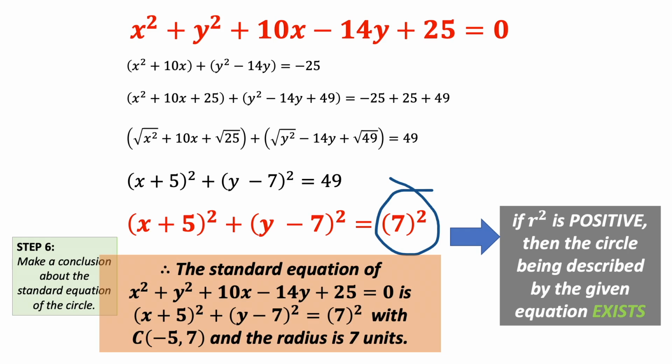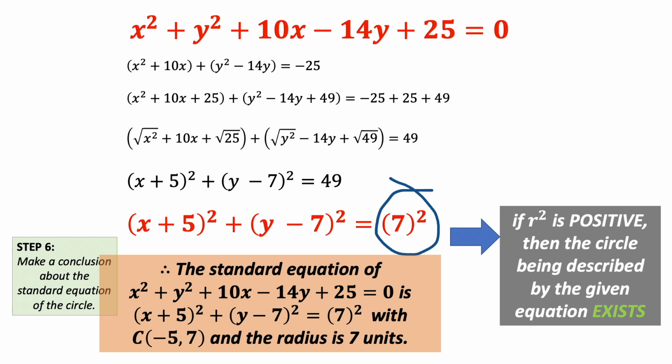Therefore, the standard equation of x squared plus y squared plus 10x minus 14y plus 25 equals 0 is quantity x plus 5 squared plus quantity y minus 7 squared equals quantity 7 squared. The coordinates of its center are negative 5, 7, and the length of its radius is 7 units.